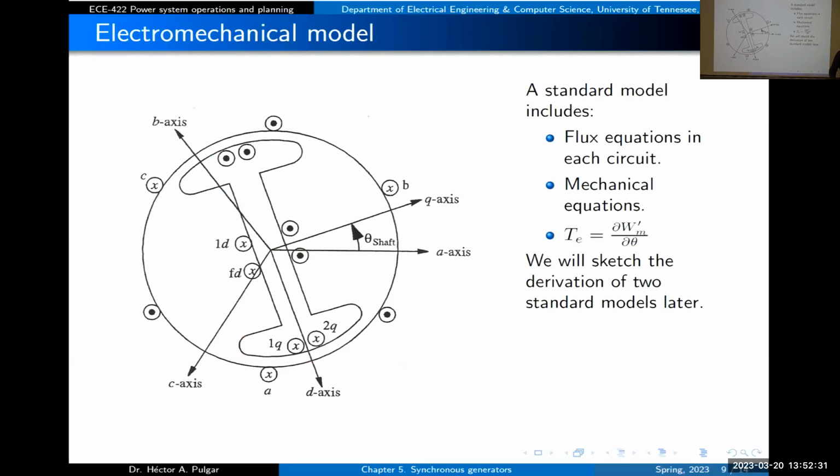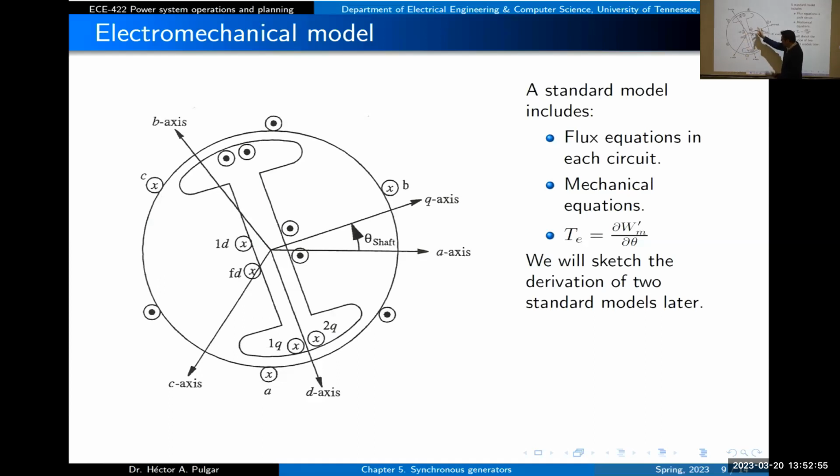I presented this. This is the starting point because this is physical. And this is a description of the machine we will consider. We will have windings in the stator. Those are stationary, but we will have a winding in the rotor. One winding will produce the flux, and that flux is stationary with the rotor.